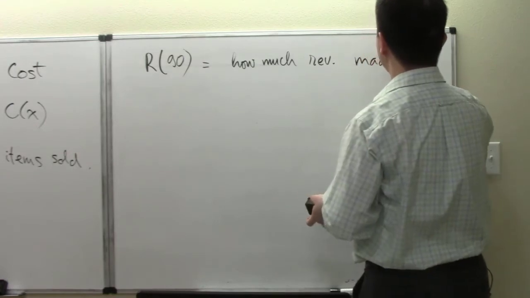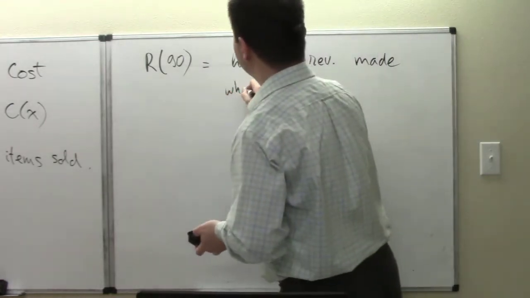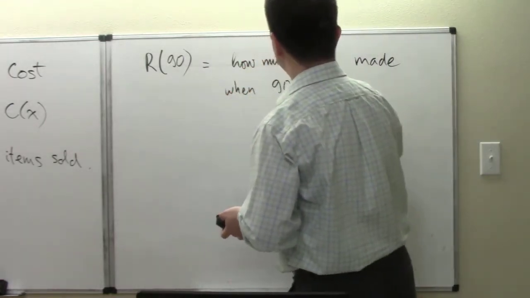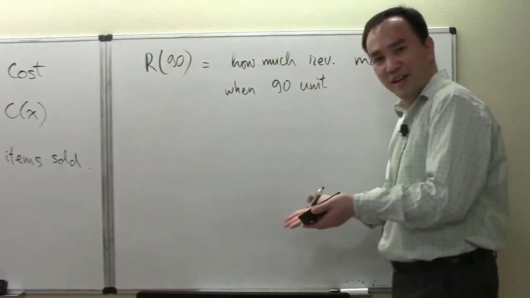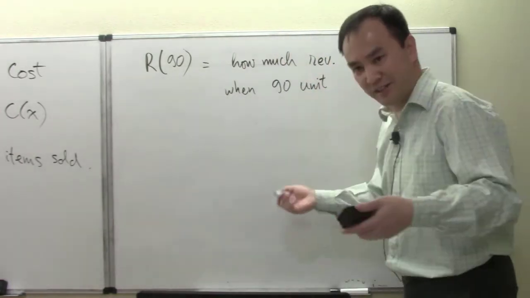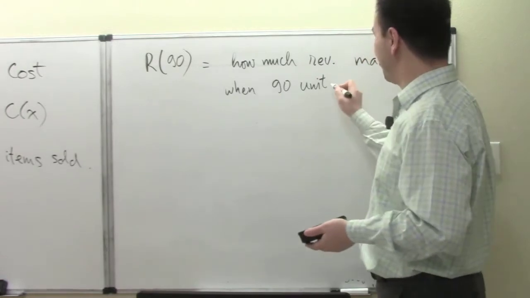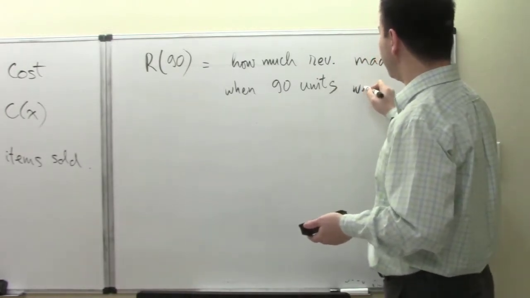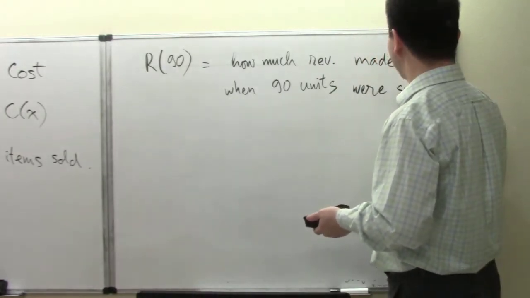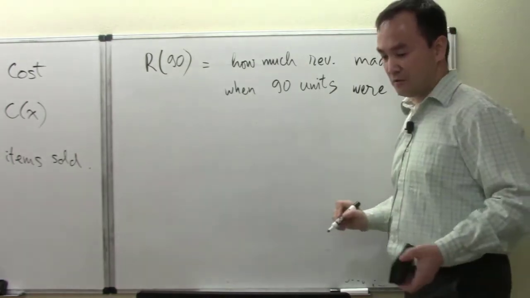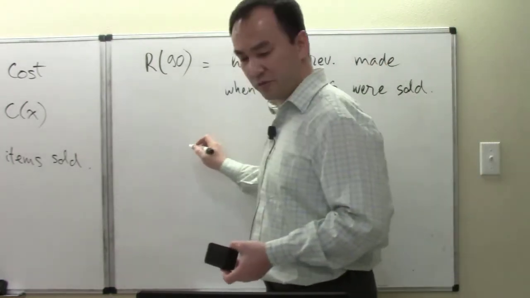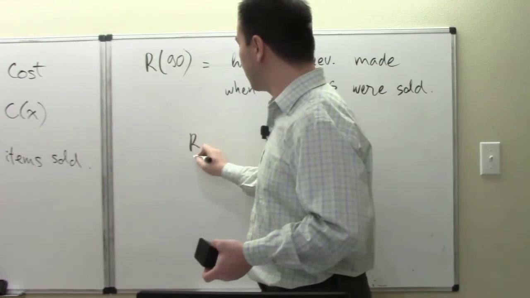How much revenue is made when 90 units, 90 motors, were sold? The company in our problem was selling some kind of motors. And again, let me remind you of the function that I showed on this computer screen earlier.